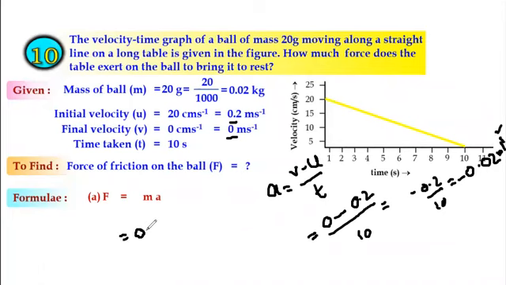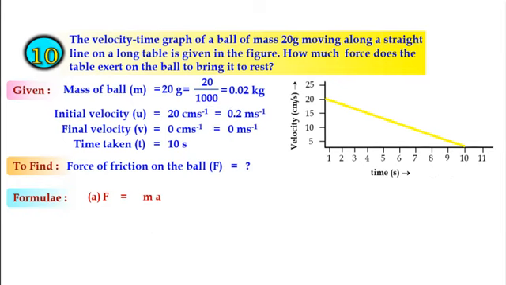0.02. So 0.02 into 0.02, that equals 0.0004 newtons. Is it right? So look at the steps. A is equal to final velocity minus initial velocity by time.